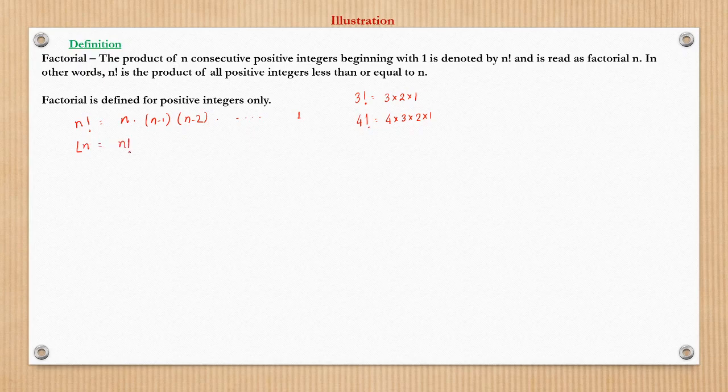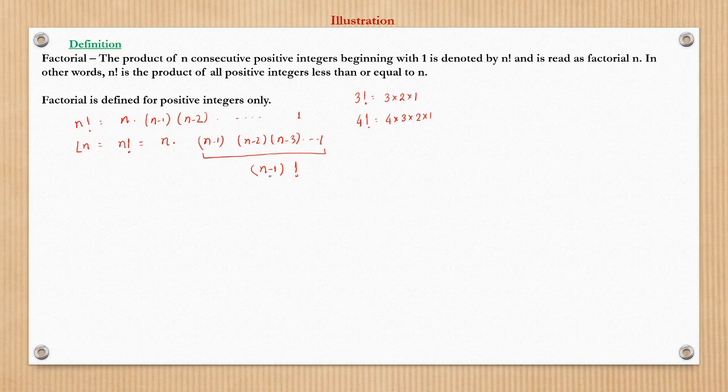So n factorial is equal to nothing but, now see, can we not write this as n minus 1 into n minus 2 into n minus 3 so on till 1? So this part, can we not say this is n minus 1 factorial, because what would be n minus 1 factorial?